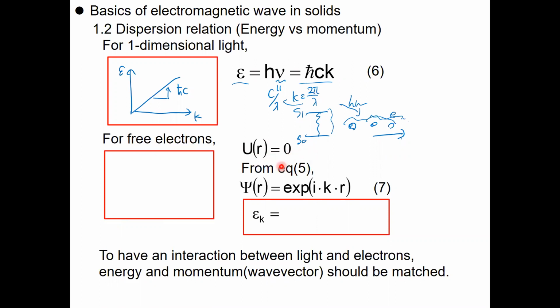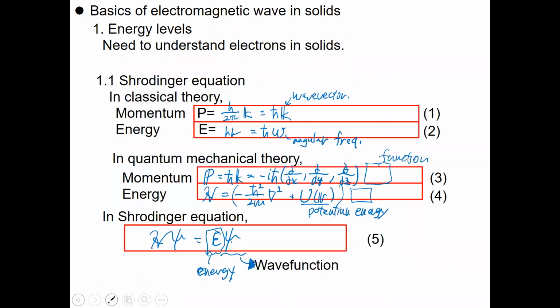I don't go into detail, but this is one type of the wave function of free electrons: psi equals exponential i k r. Just put that wave function in this equation.